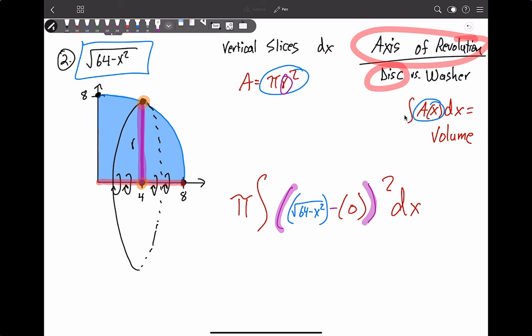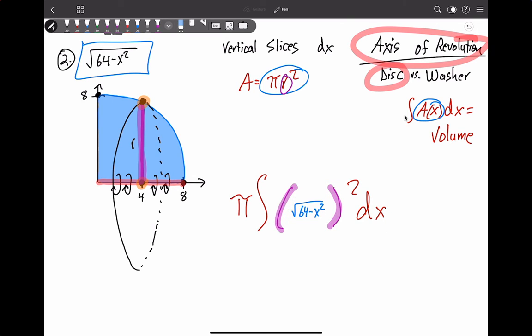Okay, so now I can just put this into my calculator, or if I was doing it by hand, I know that minus 0 doesn't matter. So it isn't even needed, where I can take this out and basically just square whatever's left. Okay, so when you square whatever's left, that square root symbol is going to go away.